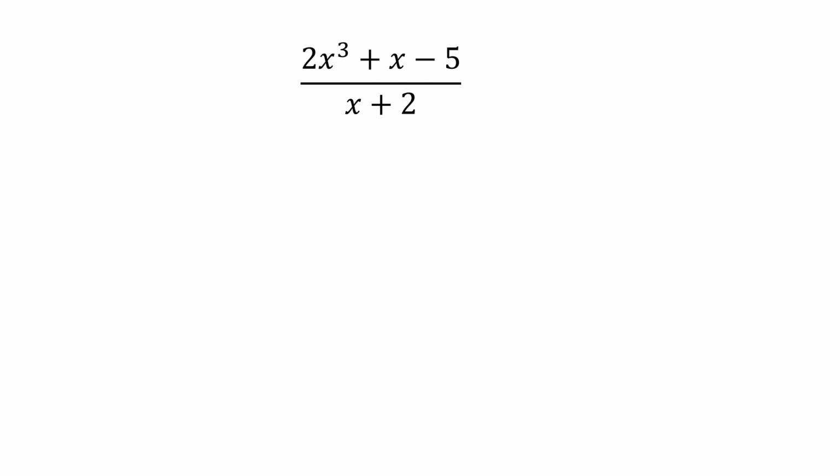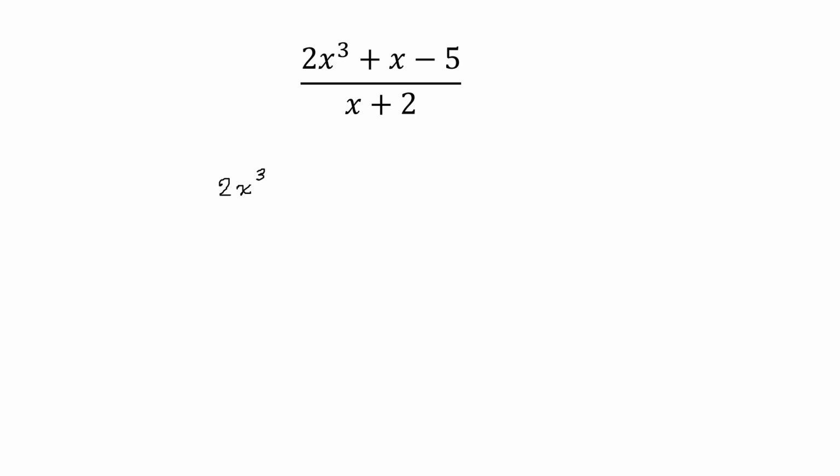So again, the first thing we have to do is to write the dividend and the divisor in a way like we are dividing decimal numbers, and make sure that the degrees of the variables are arranged in descending order. So in this case, we have here 2x cubed.